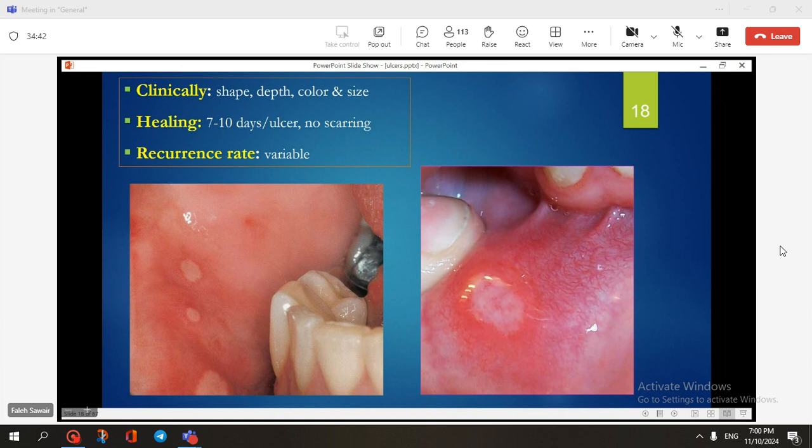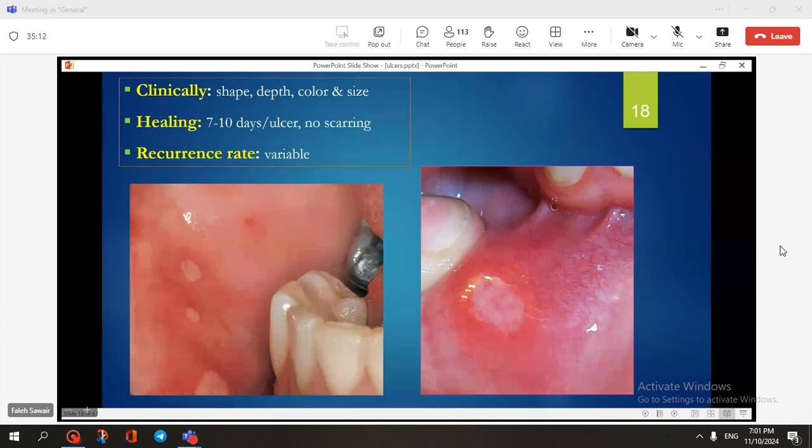The recurrence rate is variable. In some patients, recurrence is every month, in some every 2-3 months, and in other patients every 6 months. So the recurrence rate is variable between patients. But the important thing here is that they are recurrent ulcers; they are characterized by recurrence.